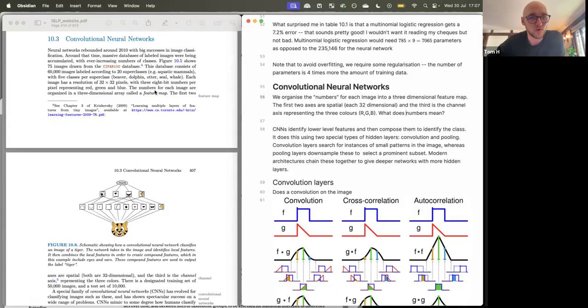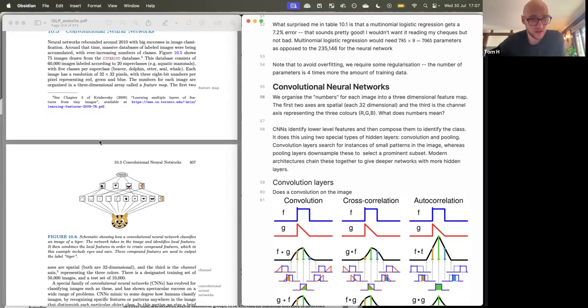And I was a bit confused as to what numbers means here in this context, because you've got 60,000 images in superclasses and classes within that. And then you've got the resolution, but then your 3 8-bit numbers per pixel representing RGB, which is fine. So it means the RGB numbers for each image are organized into a three-dimensional array called a feature map.